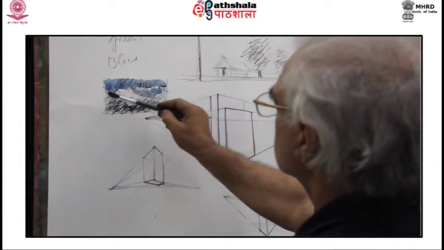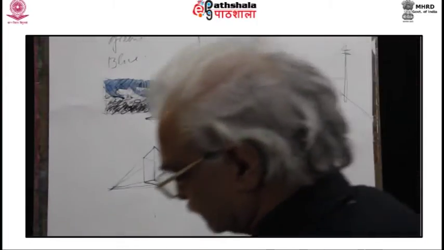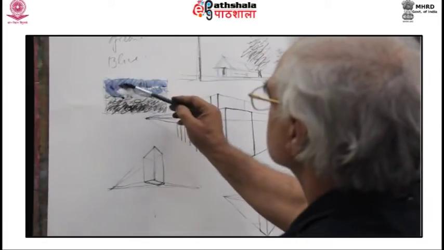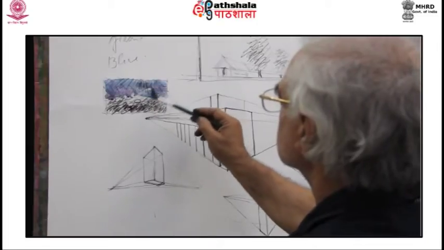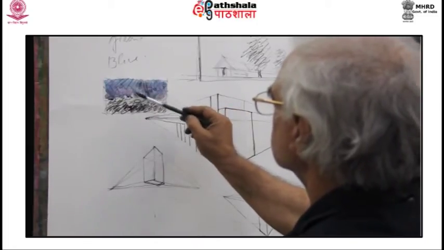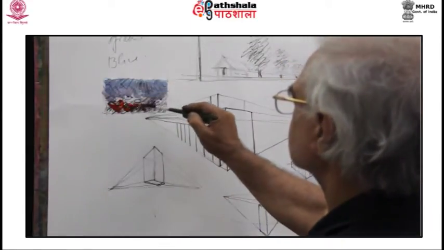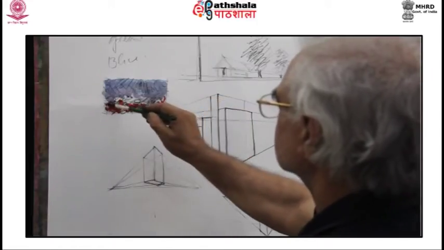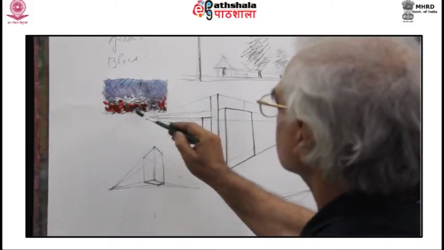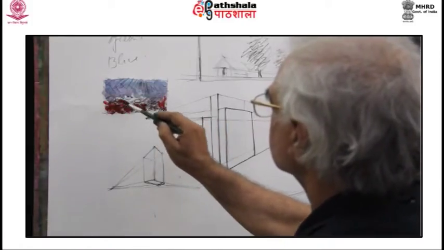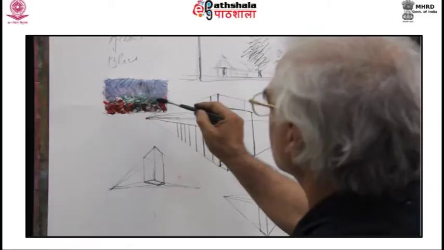Blue and mauve in the sky and bright red in the foreground. The middle area will hold green and yellow.